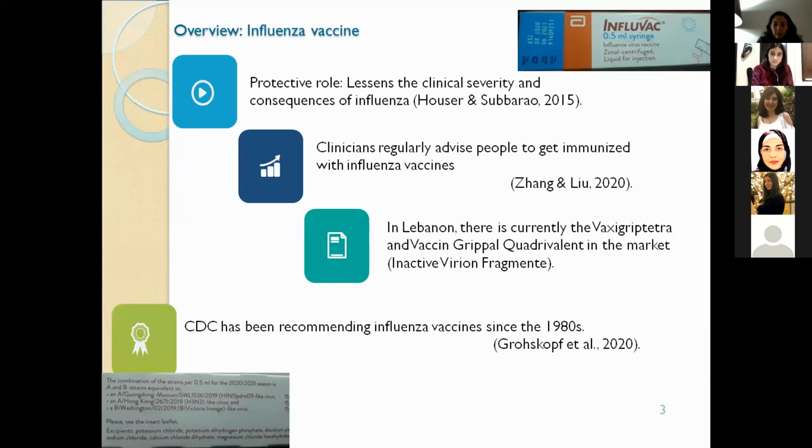Influenza vaccines play a protective role. They lessen the clinical severity of influenza. Clinicians regularly advise people to get immunized, and they specifically advise vulnerable groups like children, older age groups, pregnant women, or those with comorbidities. In Lebanon, we have the Vaxigrip and the Vaccine Gripal brand names. Every year, the CDC recommends people to take these vaccines, but unfortunately, the uptake remains low.